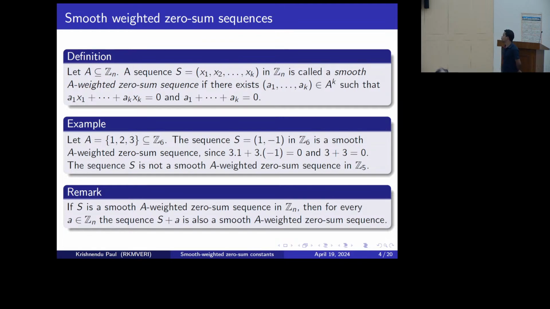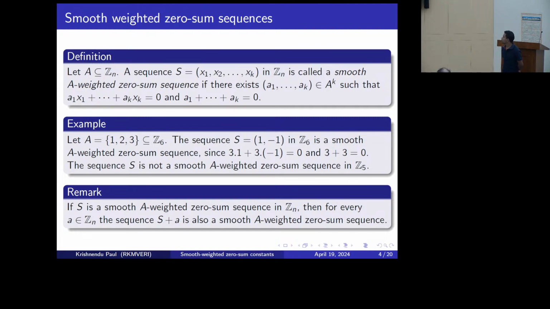This smooth zero sum sequence has a special character: unlike a normal zero sum sequence, it is invariant under translation. So if we translate a sequence by a number, then it remains smooth.